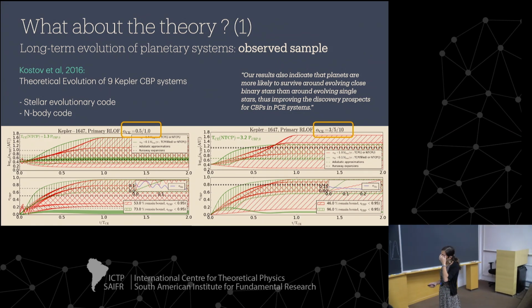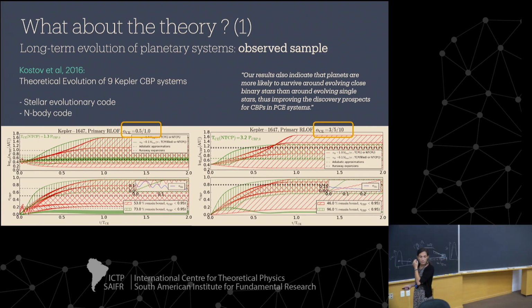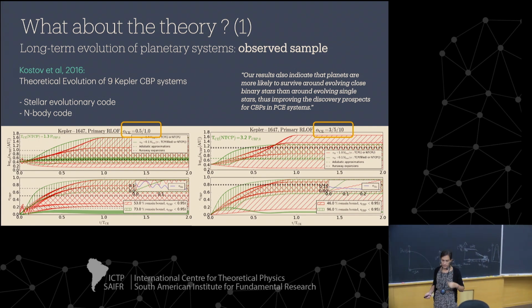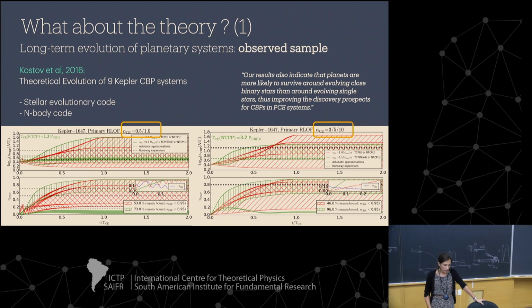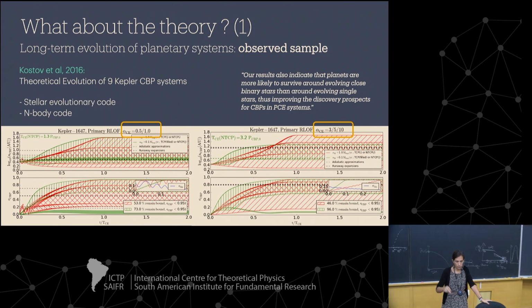Back in 2016, we only had, I think, nine circumbinary planetary systems detected by Kepler. And Veselin Kostov did this very nice simulation that took these planetary systems and evolved the stars to see what was happening to the planets bound to them.